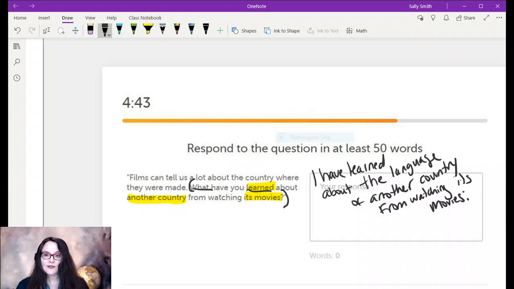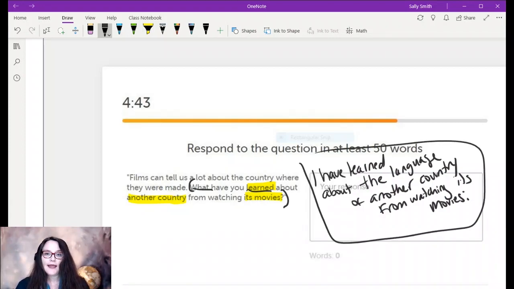I'm choosing language. And so I have my topic sentence, and I need now to think of body sentences. So, what did I learn about languages from watching movies? Personally, I can't remember a single movie that exists in the world when I'm in a situation that I have to think quickly.